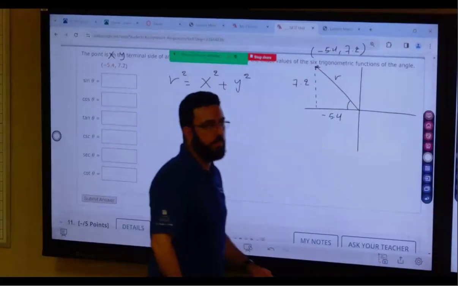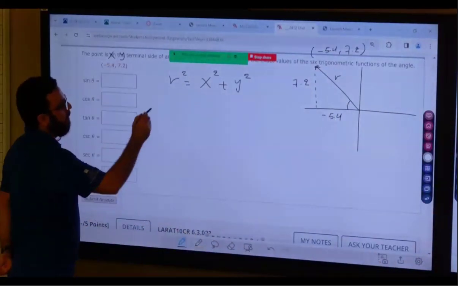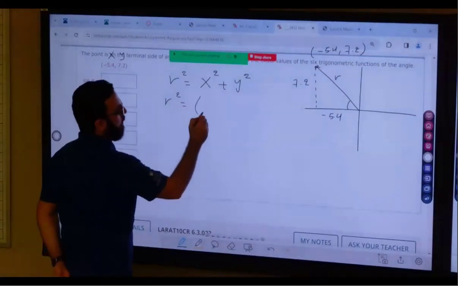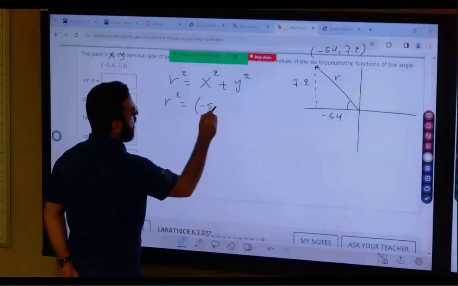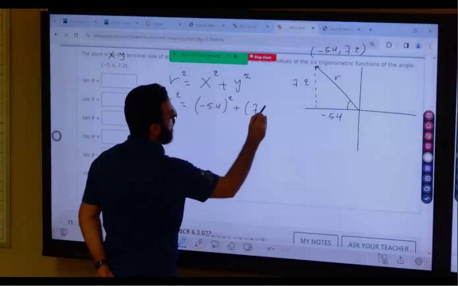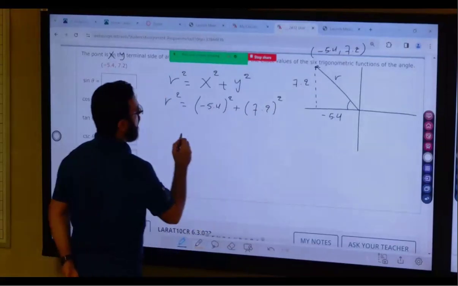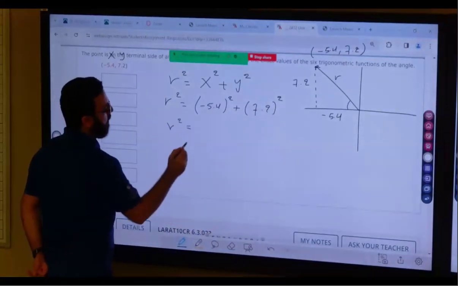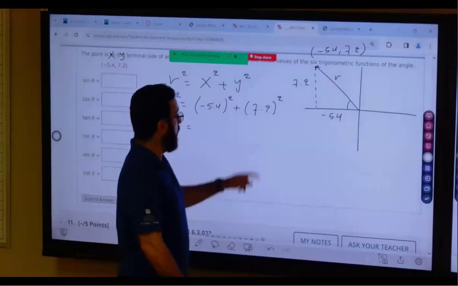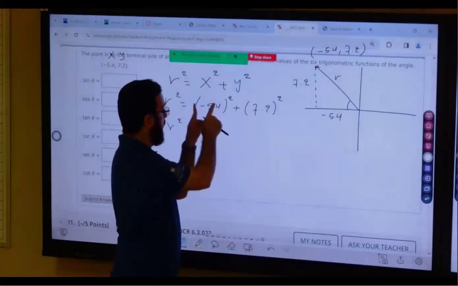Pythagorean theorem. So R squared equal X squared, which is negative 5.4 squared, plus 7.2 squared. Now R squared equal what? I got negative 29.16. No, that's wrong. Did you put parentheses?